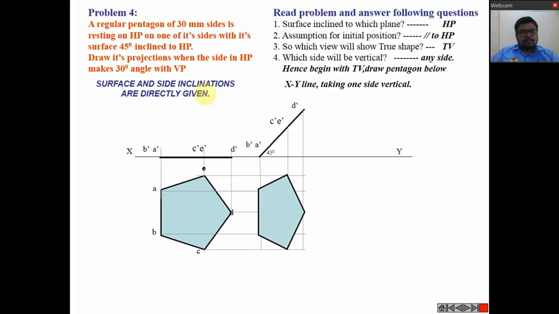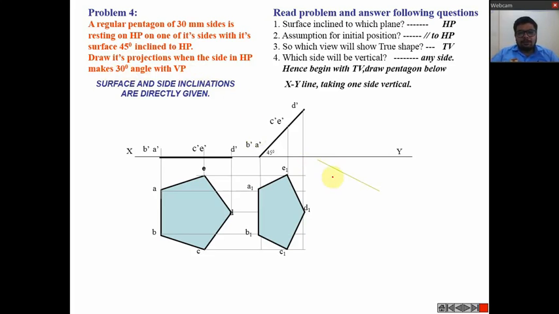Then in the next step it is given that the side in HP makes a 30-degree angle with VP. So first of all we will mark this one A1, B1, C1, D1 and E1.